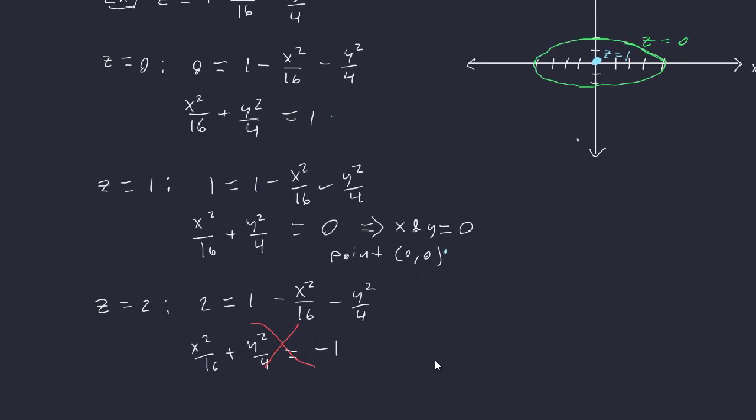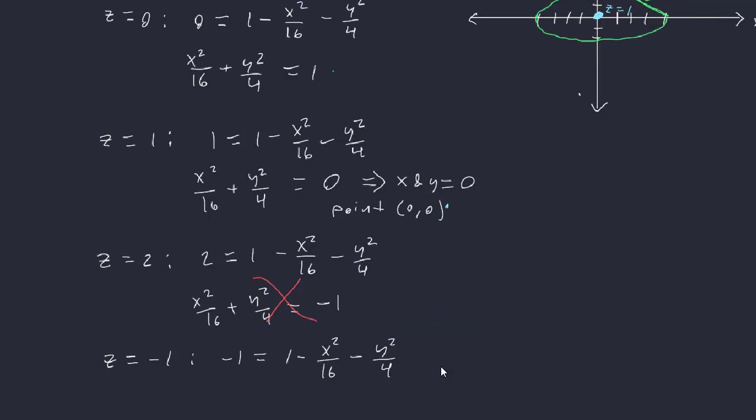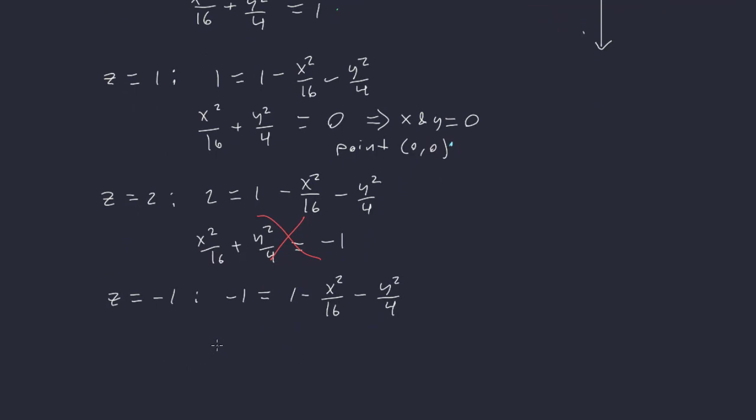So instead what we can do is start looking at negative z's. So maybe we have a negative 1 in for z. So that would give us the equation negative 1 is equal to 1 minus x squared over 16 minus y squared over 4. So moving things around again, we'd get x squared over 16 plus y squared over 4 is equal to 2.